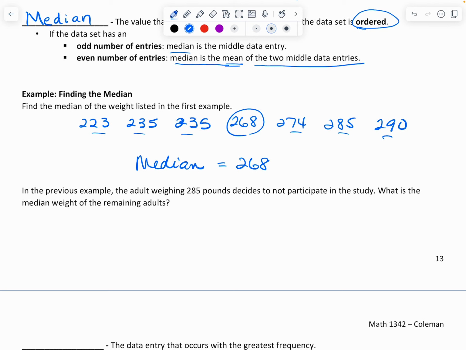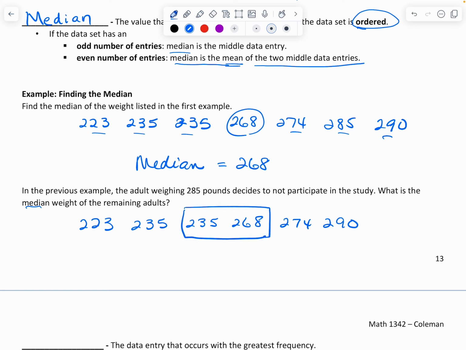In the previous example, the adult weighing 285 pounds decides not to participate in the study. What is the median weight of the remaining adults? So again, if we put them in order, not counting the 285 pound person, now I have 6 entries, so that makes these 2 the middle entries.